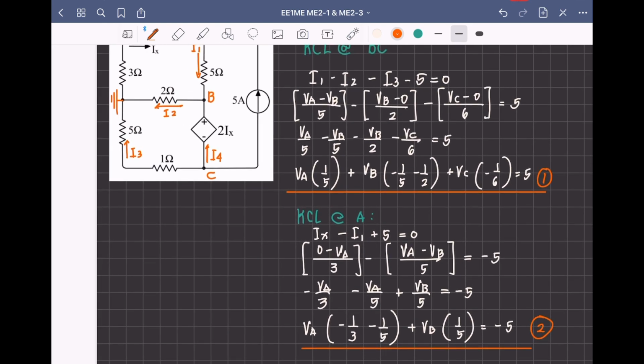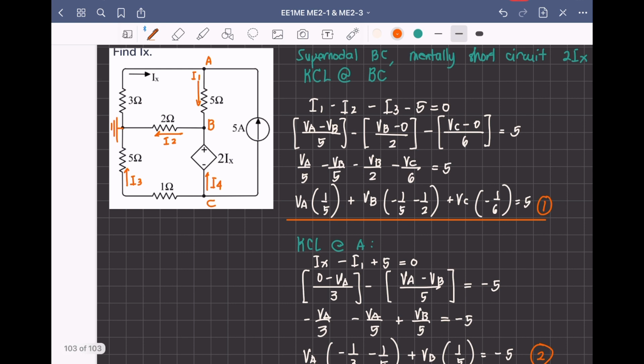After that, so tapos na tayo mag-KCL sa lahat. But obviously, you have 3 variables, VA, VB, VC. So after KCL, KVL naman tayo doon sa supernode branch. Okay, so KVL at BC, that will lead to VB minus 2IX minus VC, and then equate that to 0. So, as you can see, may kuryente pa dun sa equation natin, dun sa KVL natin. So, ang gagawin natin dito is replace IX by an Ohm's law expression. Trace nyo lang ulit.